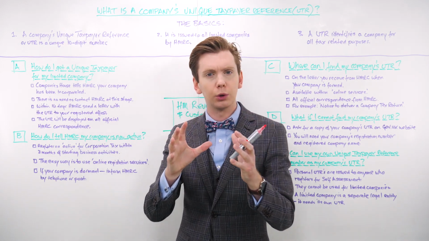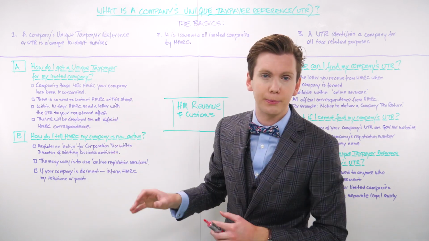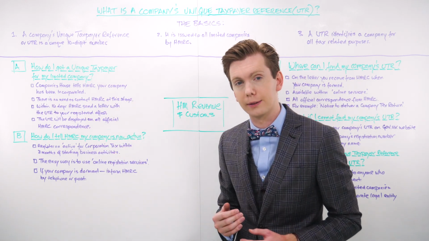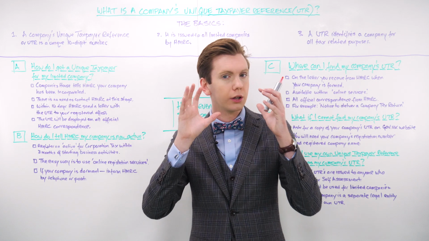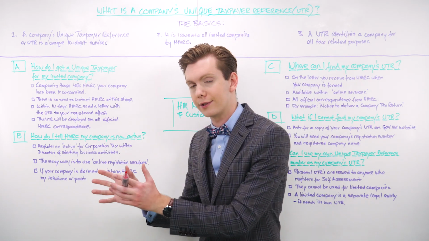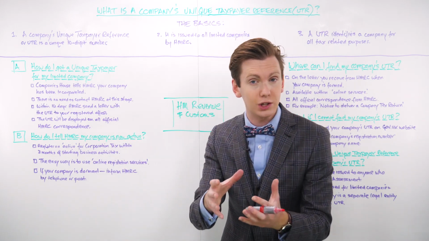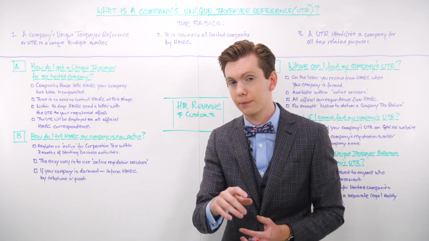So the first question we'll look at, therefore, is how do you actually go about getting a unique taxpayer reference for your limited company? Companies House will notify HMRC about your company's existence when it is incorporated. There is no need to contact HMRC yourself at this stage.